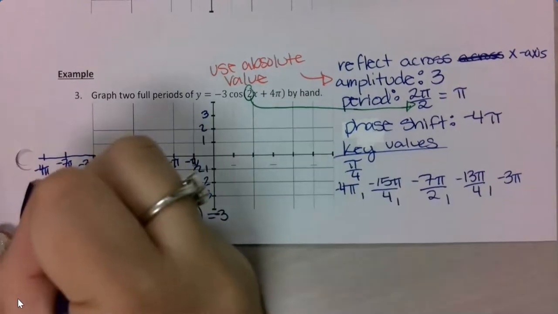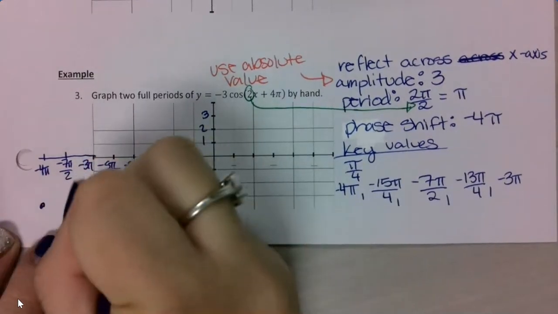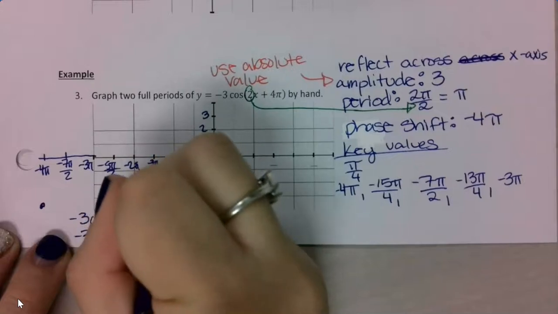Okay, so same thing for my next value, which is negative 15 pi fourths.